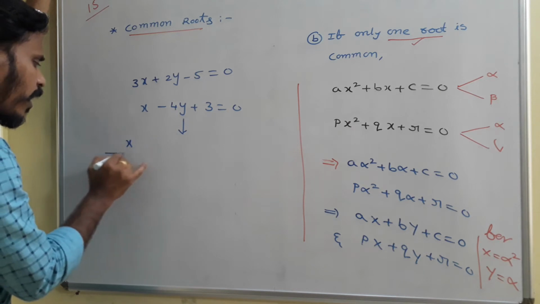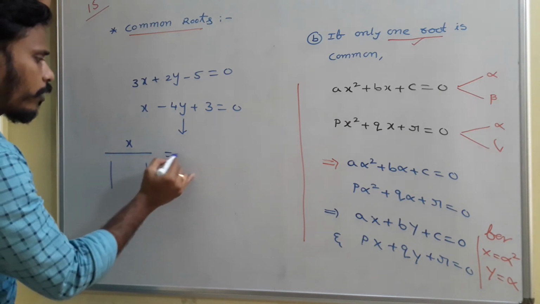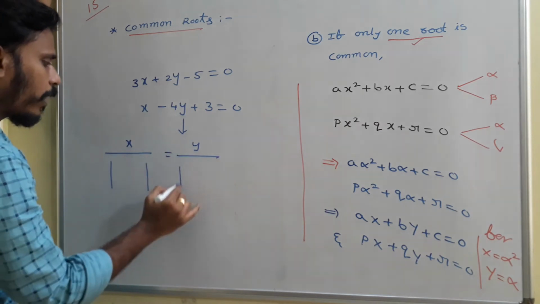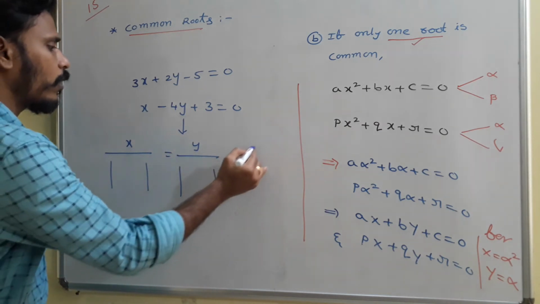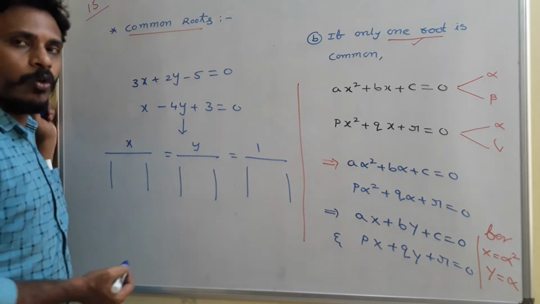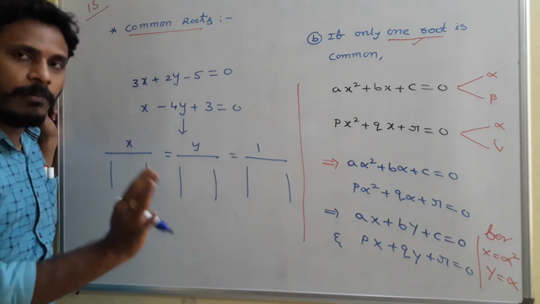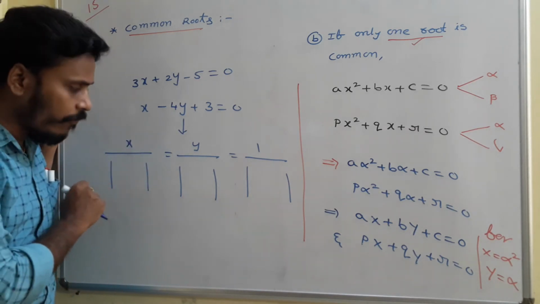To find the values of x and y, the shortcut method says x divided by the determinant of, that is equal to y divided by the determinant of, is equal to 1 divided by the determinant of, like that we need to take. If you don't know about determinants, no problem, just listen to the words and observe the way of writing.